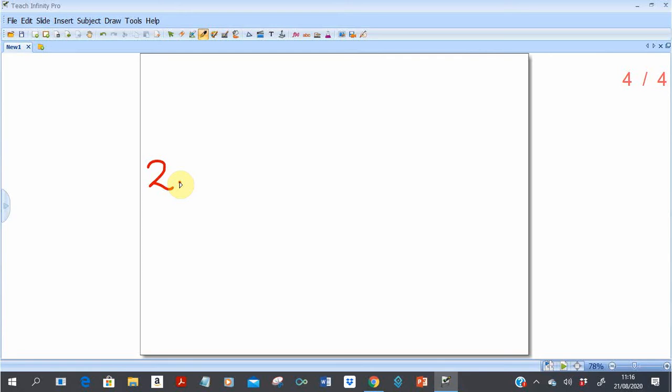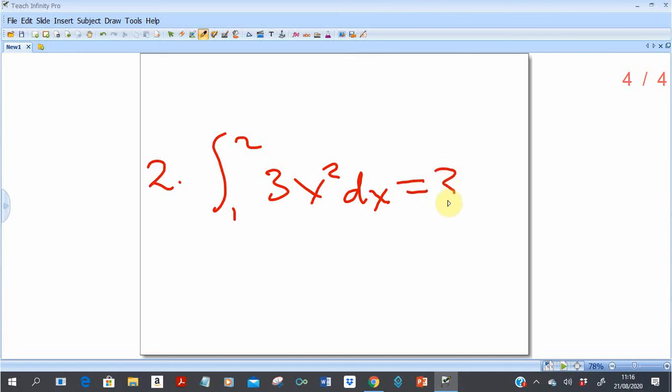Find the integral from 1 to 2 of 3x squared dx. Okay, so we have a 3 which is a constant. We can take it outside: 3 times the integral from 1 to 2 of x squared dx. Okay, so again, we integrate that.